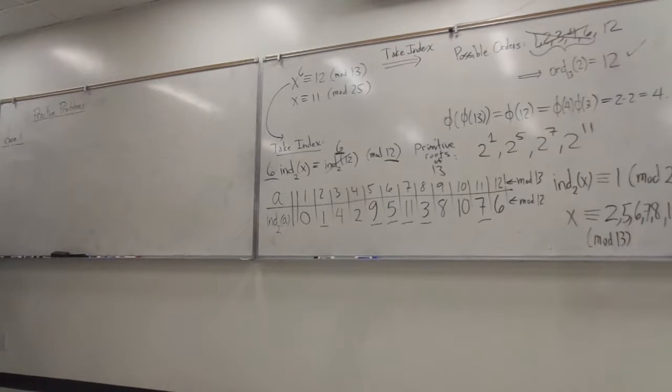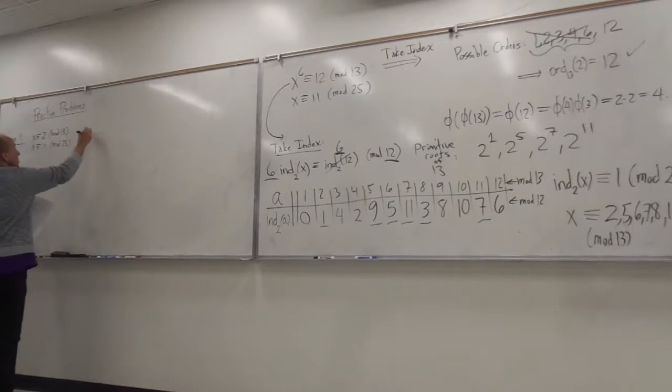So like the first case would be x is congruent to 2 mod 13, and x is congruent to 11 mod 25. Okay? Do you guys all remember how to do the CRT process?